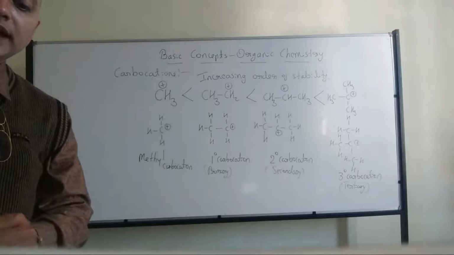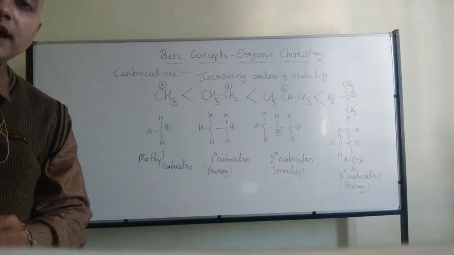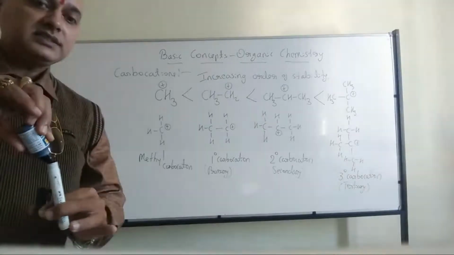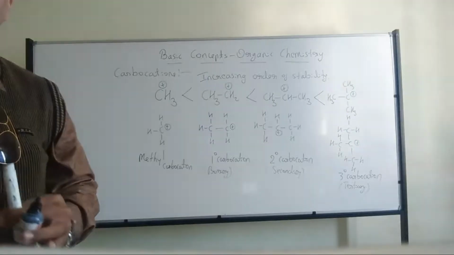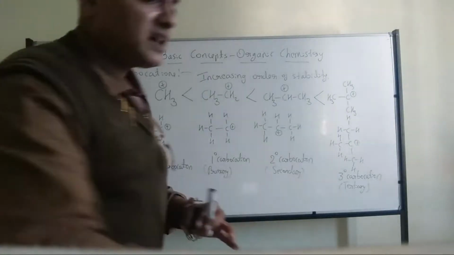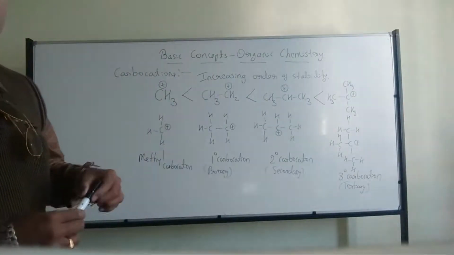Methyl carbocation is far less stable compared to tertiary carbocations, or I can say that tertiary carbocations are very stable compared to methyl carbocations. So they are not at all comparable with respect to their stability.